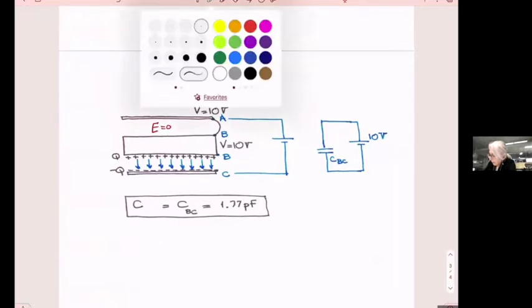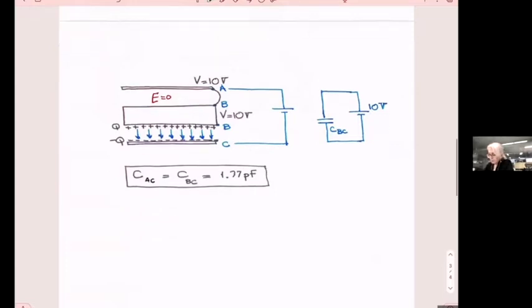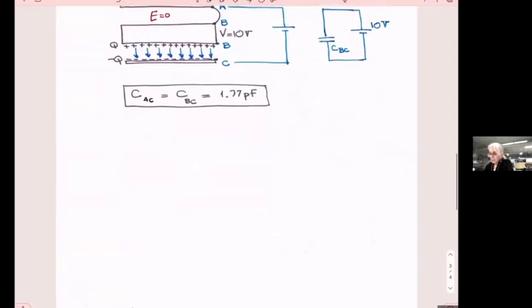And to be accurate, I have to put AC. It's going to be this one. Okay, do you see that? That's the solution. Any variations of this?